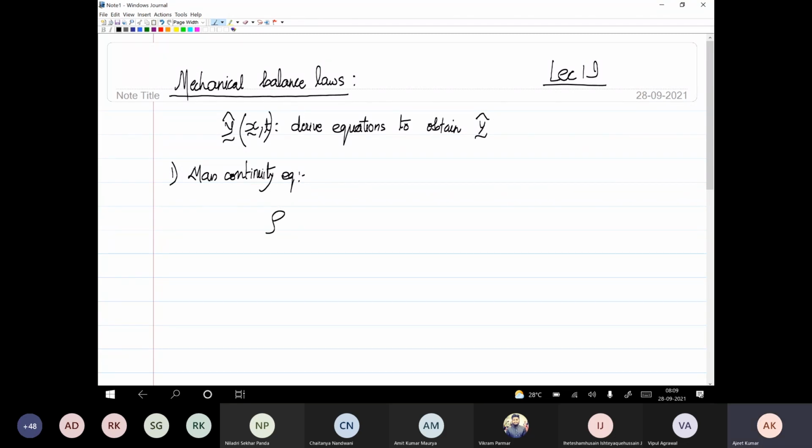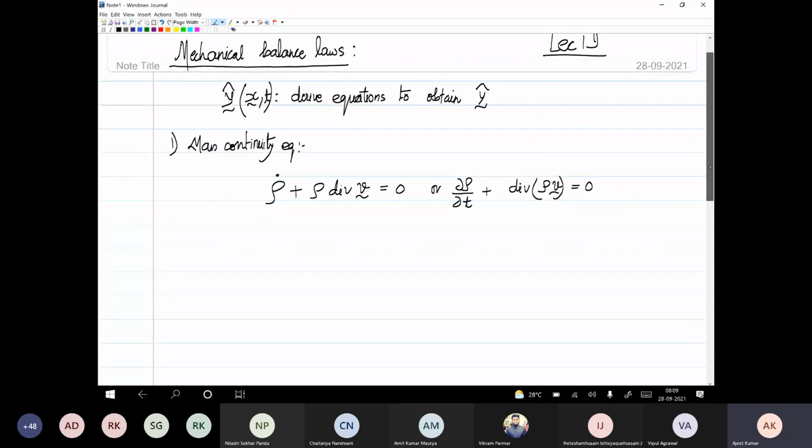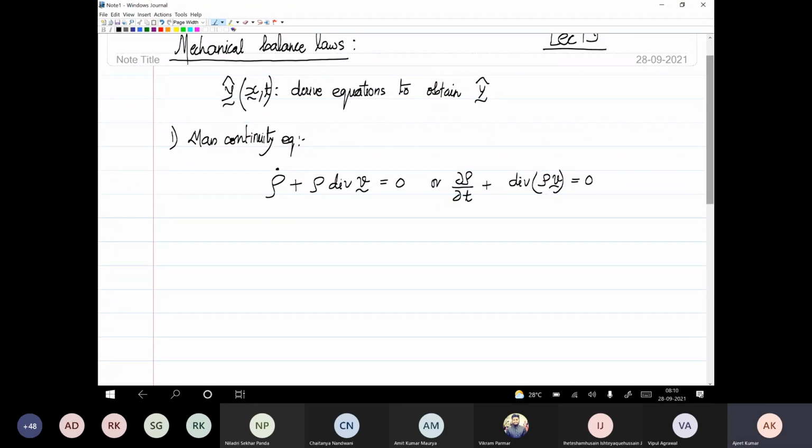I guess it was rho dot plus rho times divergence of velocity, that's equal to 0, or you write in the following form, del rho del t plus divergence of rho v, that's equal to 0. Right? I hope I have written this correctly. If you guys feel that I am not correct, then please let me know. So this was the mass continuity equation and this was the Eulerian form, meaning that this rho is an Eulerian density per unit volume, current volume.